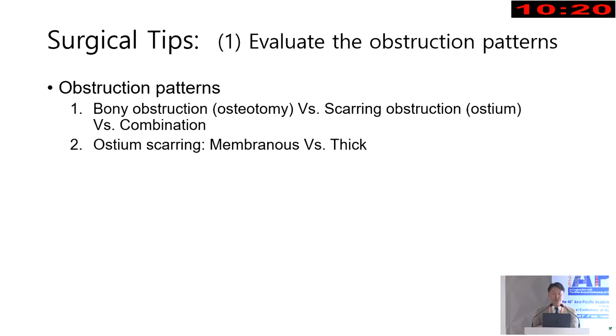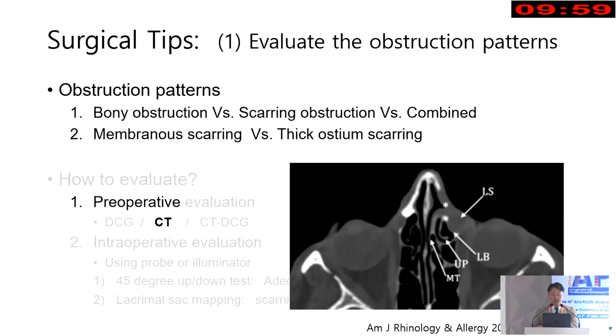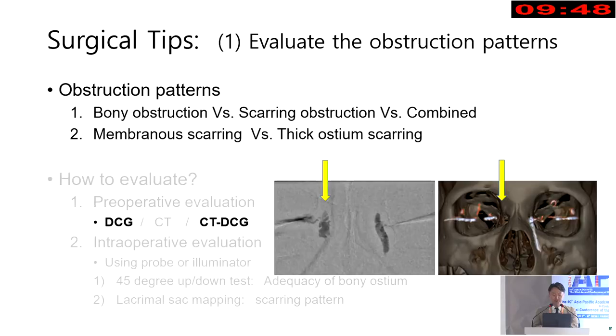For successful surgery, it's important to evaluate the obstruction type, and the obstruction pattern could be related to bony obstruction or scarring or a combination. For evaluation preoperatively, DCG, CT, or CT-DCG can be performed. CT is useful to observe the osteotomy site. In this particular case, the lacrimal sac is still covered by lacrimal bone posteriorly, so it should be addressed.